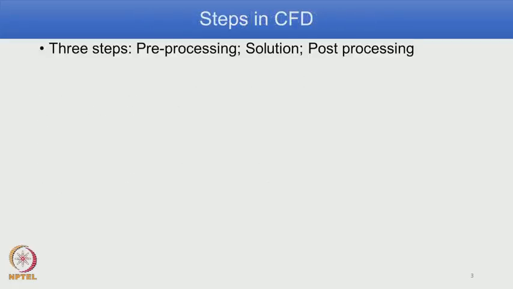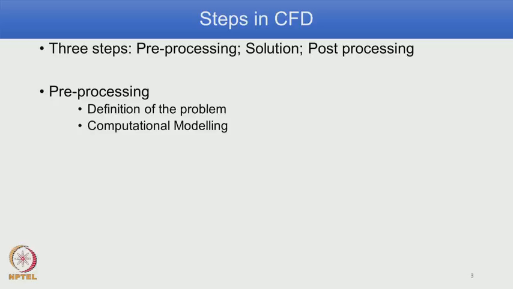So, in general there are 3 steps in CFD: pre-processing, solution and post-processing. In pre-processing we just define the problem, do physical modeling of the problem, then computational modeling.